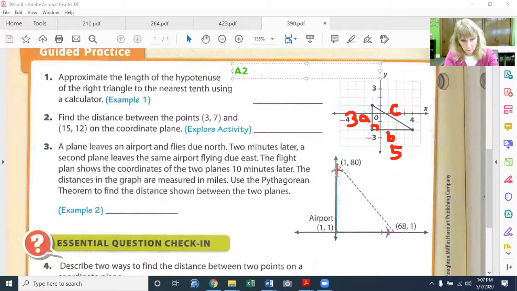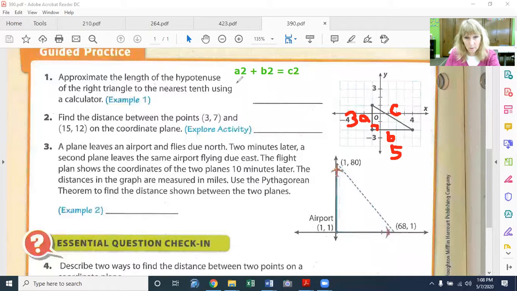A squared plus B squared equals C squared. So A squared is 3 squared. I'm going to handwrite it.